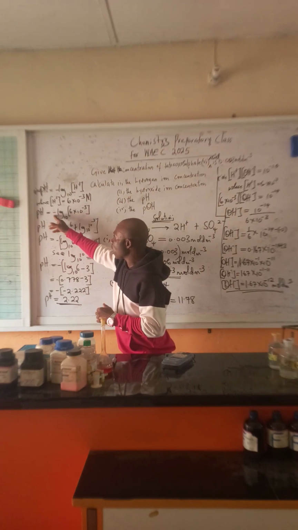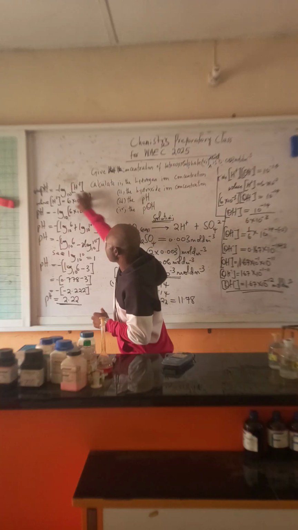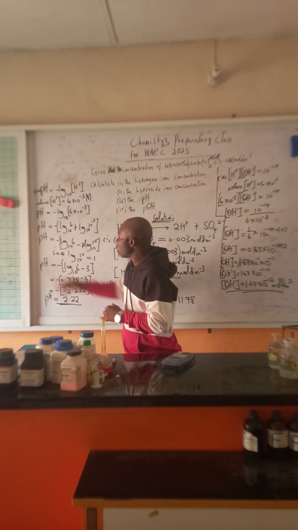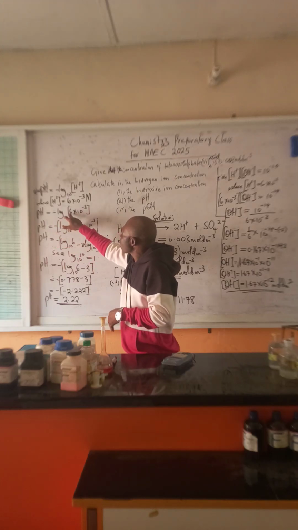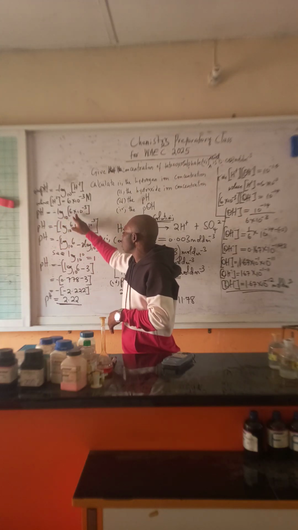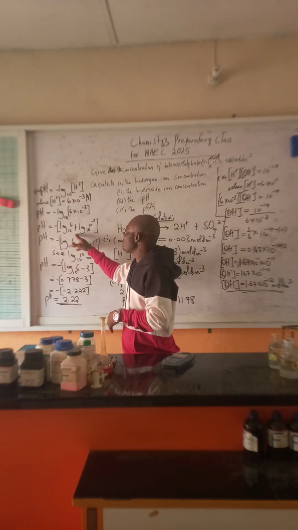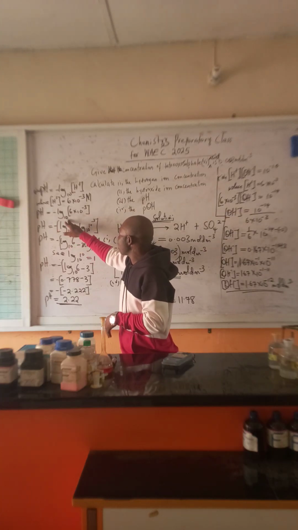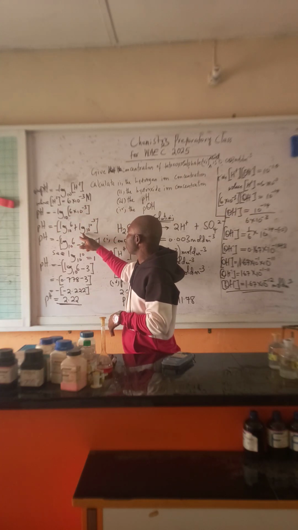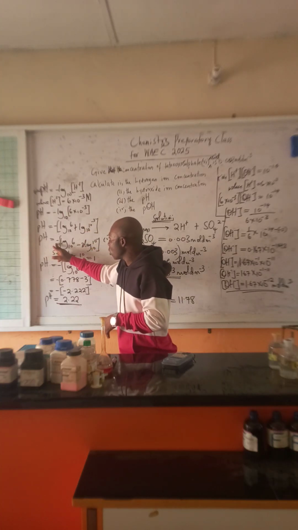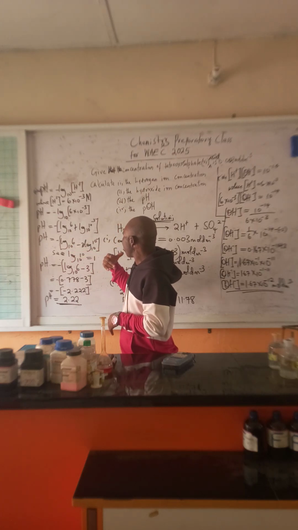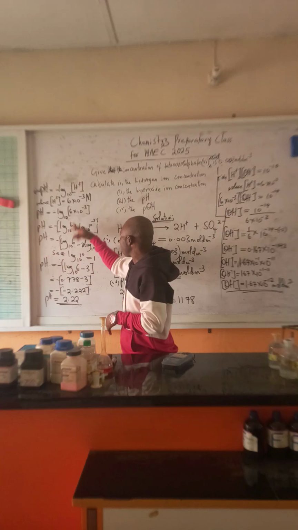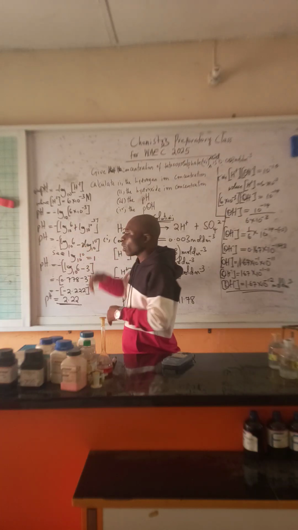Then leave this minus outside. Use log 10 to multiply whatever is in the bracket, to open the bracket. You mean that pH is equal to minus, outside the bracket, log 10 of 6 plus log 10 of 10 power minus 3. That is, pH is equal to minus log 10 of 6, minus, of course, by indices, this minus 3 will become minus 3 log 10 of 10.